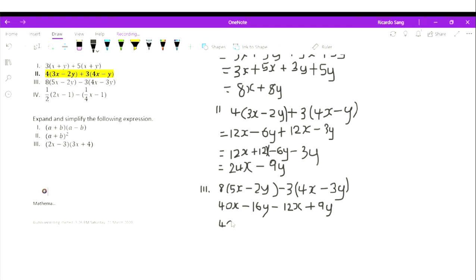So this is going to become 40x. Carry this. Please note that the sign in front of the number controls the number. So if you're moving the number, you move the sign also in front of it.